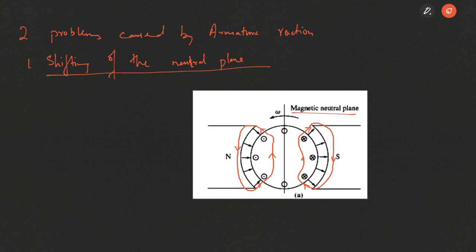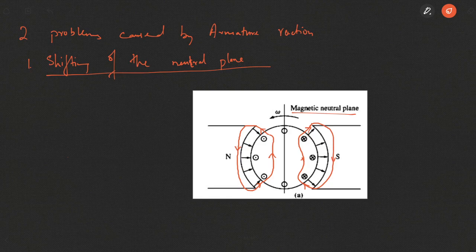The armature magnetic field, as shown here, will be concentrated along the armature conductors. That will be given by the right hand thumb rule. Each conductor produces its own magnetic field, and you can sum up for the different number of conductors, and this will be the total resultant armature magnetic field.